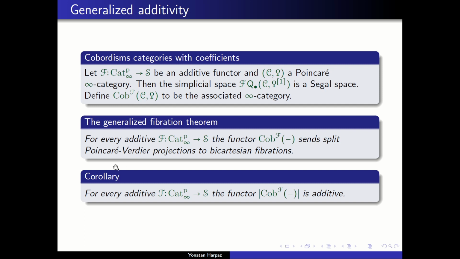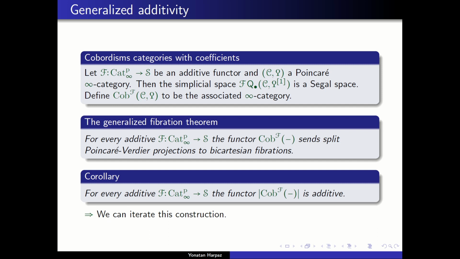And a conclusion from this is that for every additive functor f from cat P to spaces, the functor that sends a Poincaré infinity category to the geometric realization of its f-based cobordism category is additive. This means that we can think of this procedure that takes f and gives us back the geometric realization of the f-based cobordism category as a procedure that takes one additive functor and gives us another additive functor.